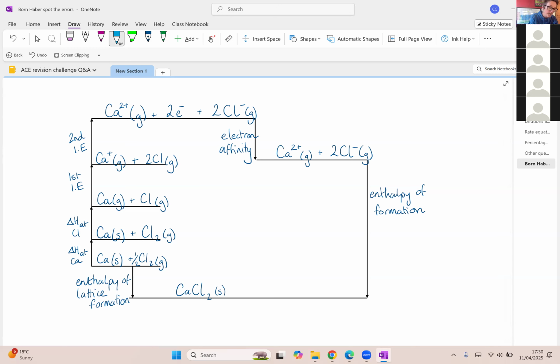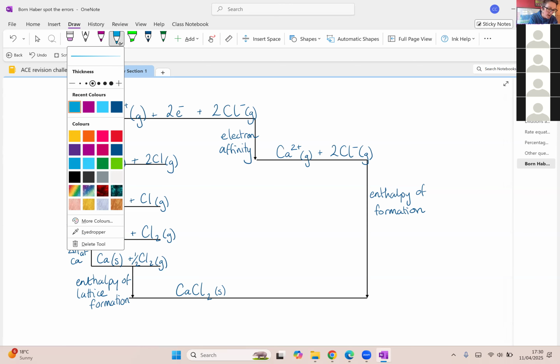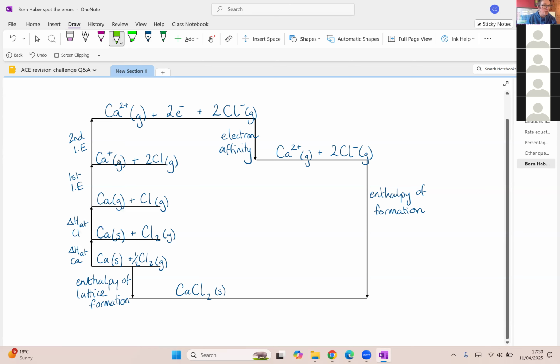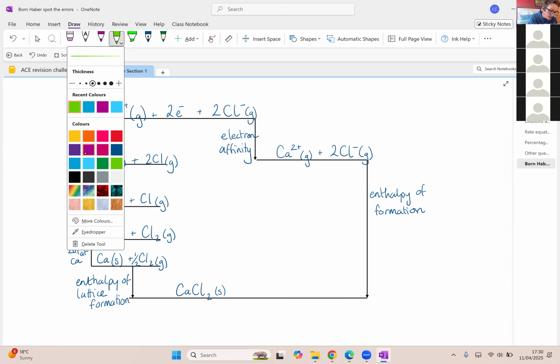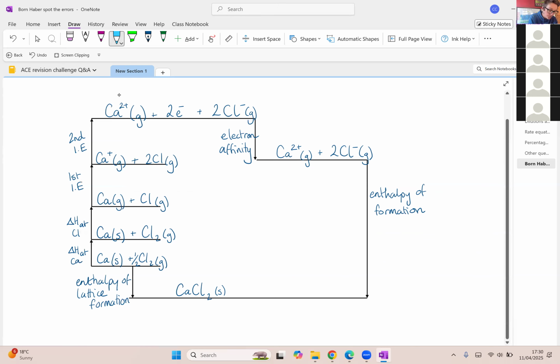I'll do that cheesy little teacher thing where if it's right, I shall use green, and if it's wrong, a more reddish colour. Actually, it's not good for the colourblind, is it? Let's go for pale blue for right. So at the bottom, CaCl2, that is correct.